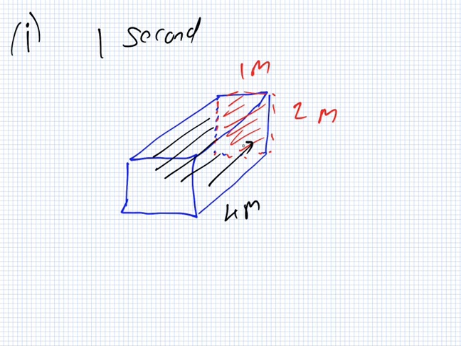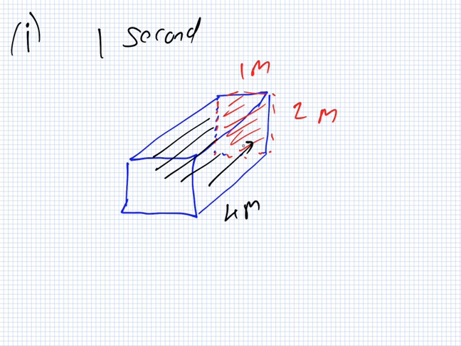This is where you have to use your imagination. If the air is moving 4 meters per second, it means in 1 second the air that was here is now here. So all that air in that 4 meter distance will hit the sign in 1 second. Do we understand what I'm saying?